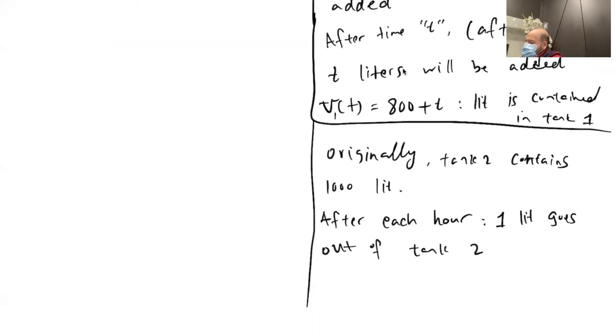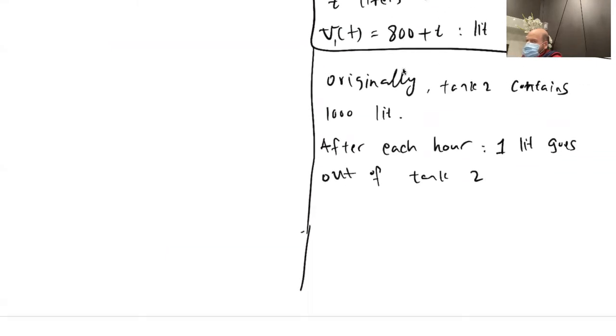So after t hours, after 1 hour, 1 liter will be deducted. After 2 hours, 2 liters will be deducted. After 1/2 hour, 1/2 liter will be deducted, and so on.